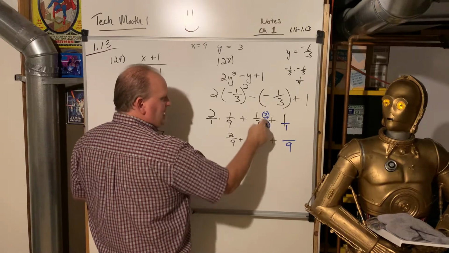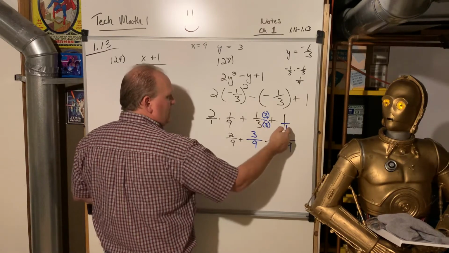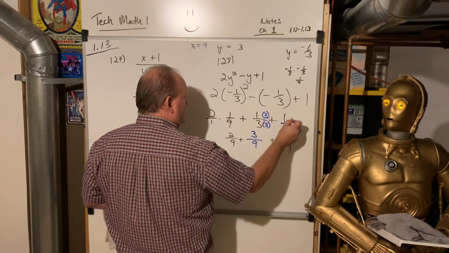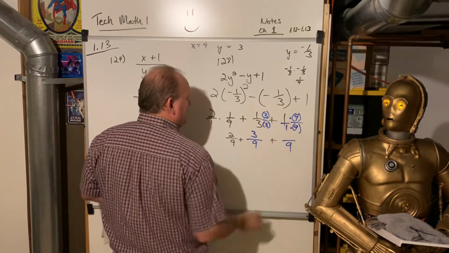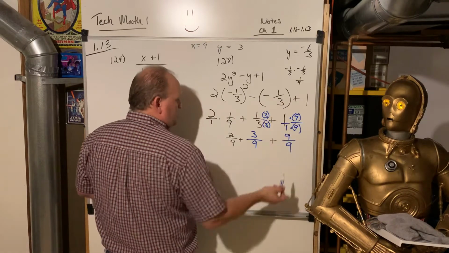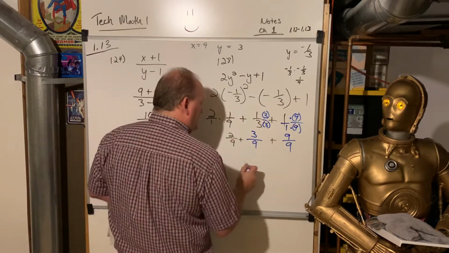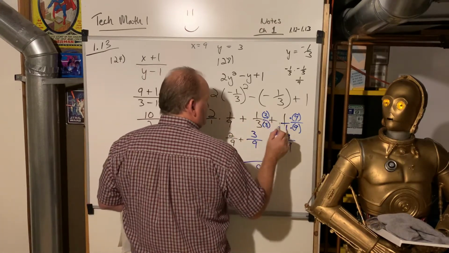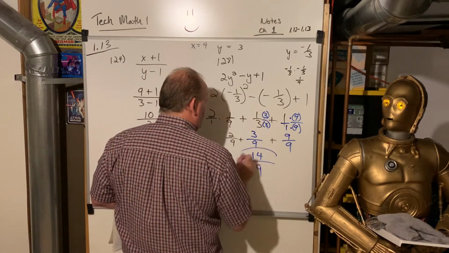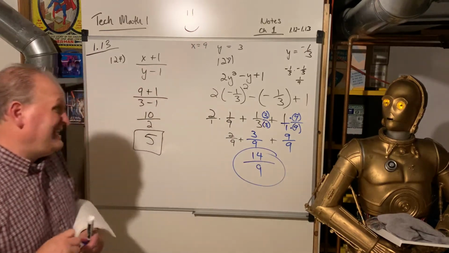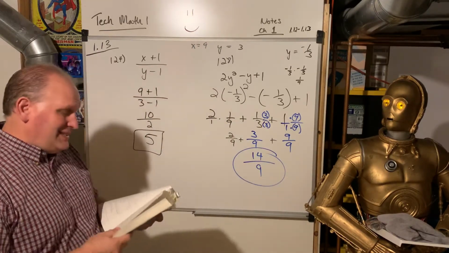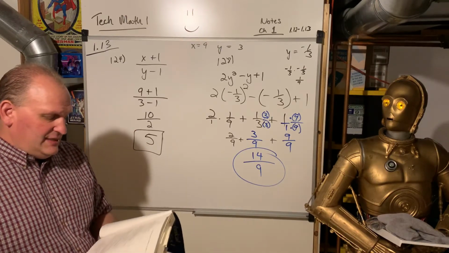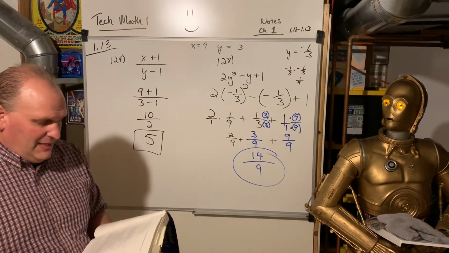So I had to multiply top and bottom by the same thing. This one, I have 1 on the bottom, I want a 9 on the bottom, so I multiply the bottom by 9, and then I multiply the top by the same thing, 9/9. Which is 1. All right, so now the 9 stays on the bottom, and I add 2, plus 3 is 5, plus 9 is 14. 14/9.